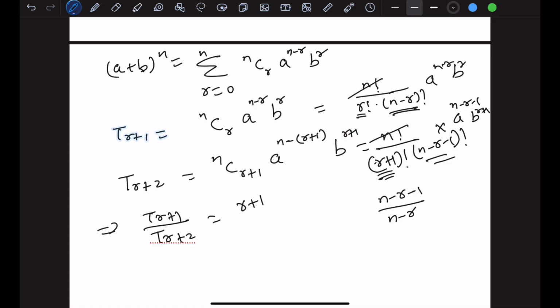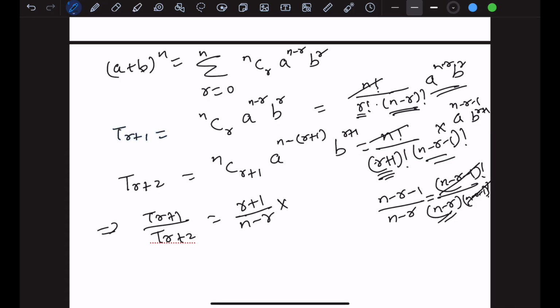Which is bigger? The denominator is bigger, right? So we can write it as (n minus r minus 1) factorial by (n minus r) into (n minus r minus 1) factorial. So this thing will cancel out, and we'll have n minus r left in the denominator. Now we solve for a and b.